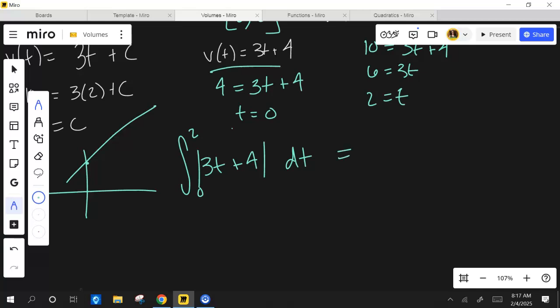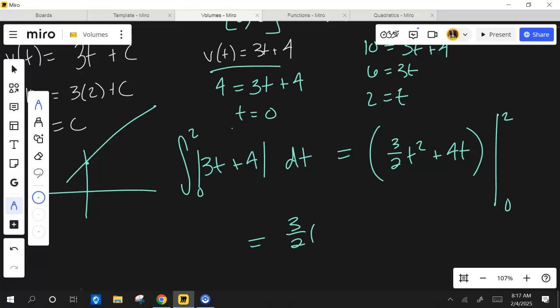Okay, so this is going to be 3 over 2 t squared plus 4t, and I'm evaluating from 0 to 2. So I plug in 2, and then I plug in 0, and I subtract the two.